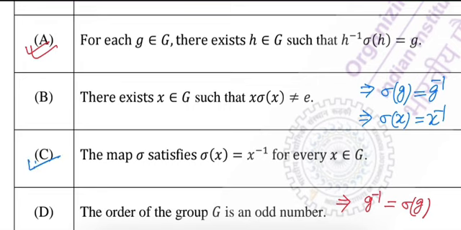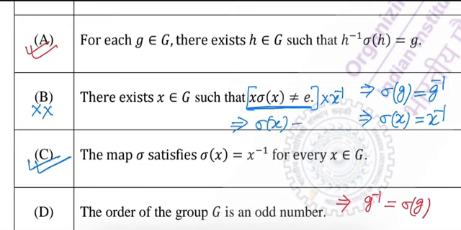So our option C is true, and since C is true, B will be false, because B says sigma x equals x inverse with the opposite sign, while we have shown the group operation gives x inverse. So B is wrong.